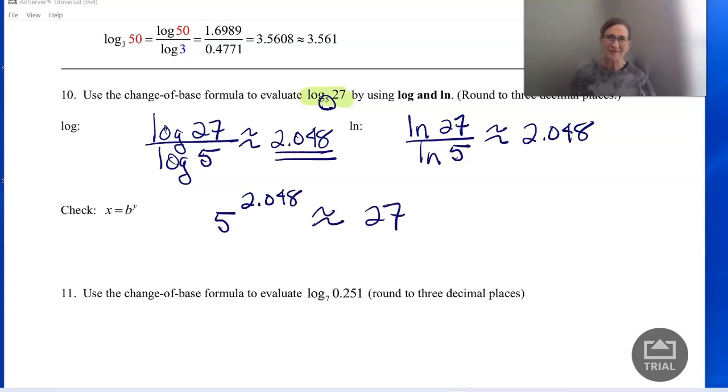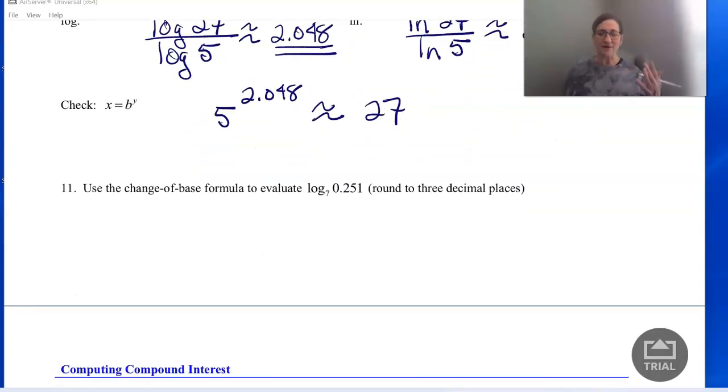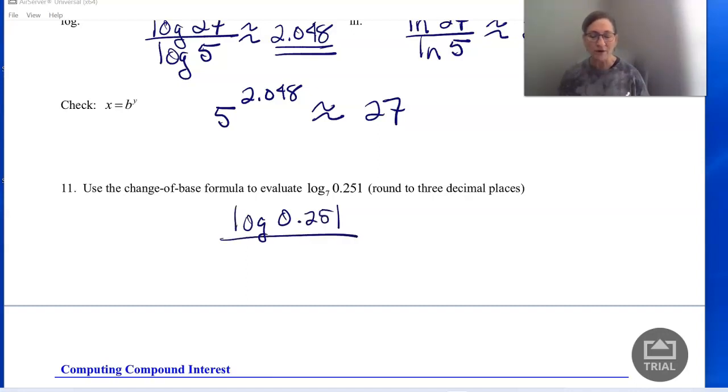Really, really close. Okay? All right. So then for 11, you could just try this one on your own. It would be log 0.251 over log 7. That would give you approximately negative 0.710.